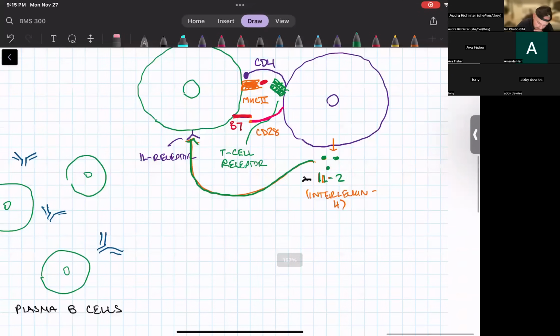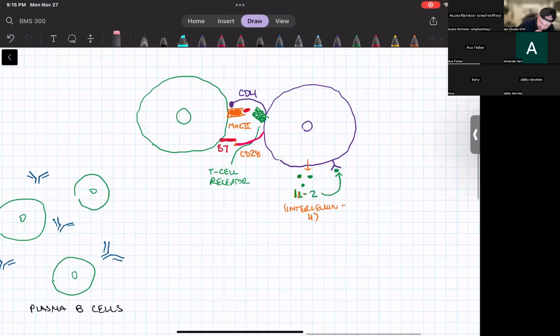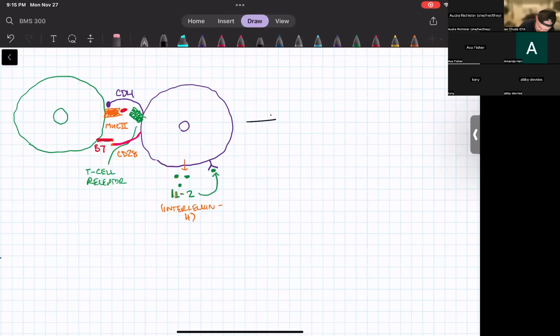Okay. So in this case, the interleukin 2 works specifically on the T cell itself. And then we end up with clonal expansion, which stands for essentially just differentiating to get more T helper cells.